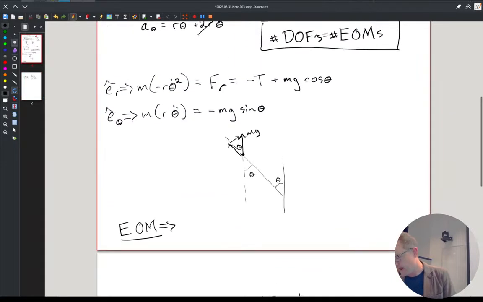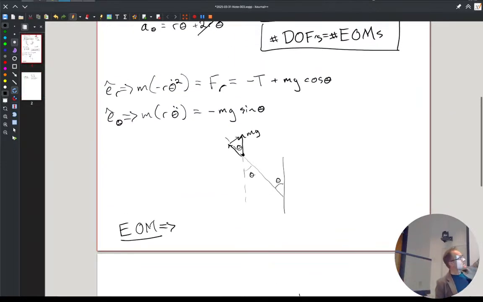There could be whatever we want to add to it. So when you're looking at e_r and e_theta, which one has two dots in it? The theta component, right? So I can say my theta component is theta double dot equals negative g over r times sine of theta.